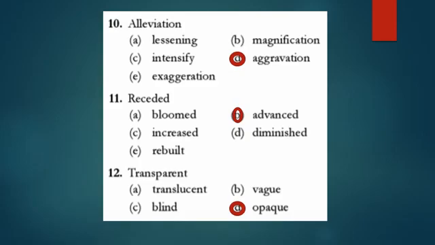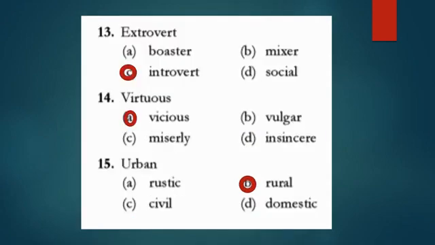Advanced. B. Transparent. D, opaque. Virtuous. A, vicious. Vicious means immoral, cruel. Urban. B, rural.